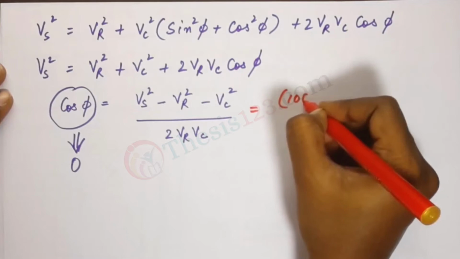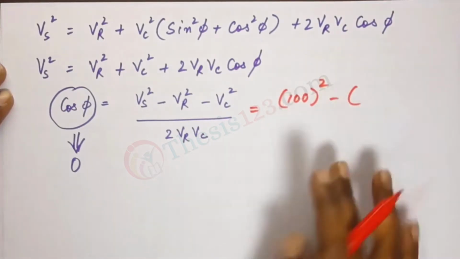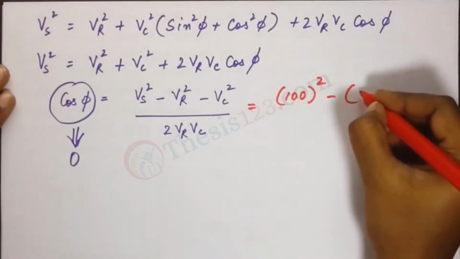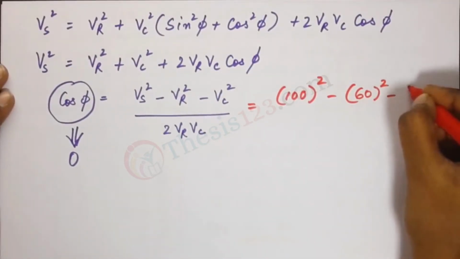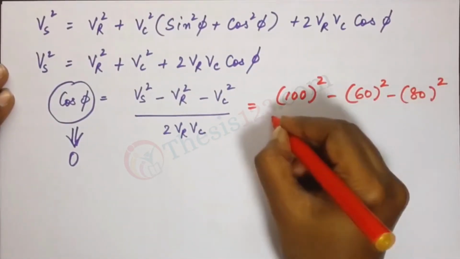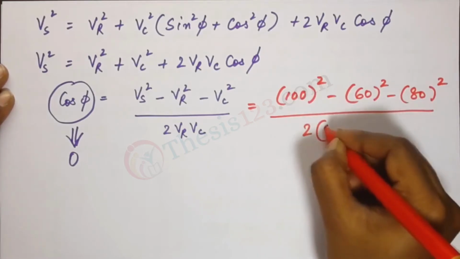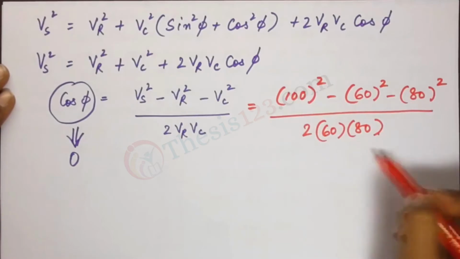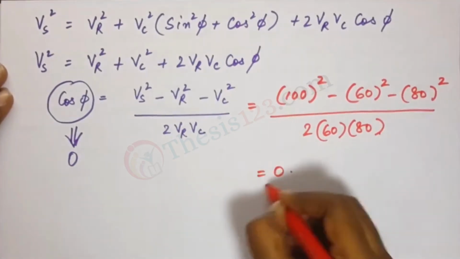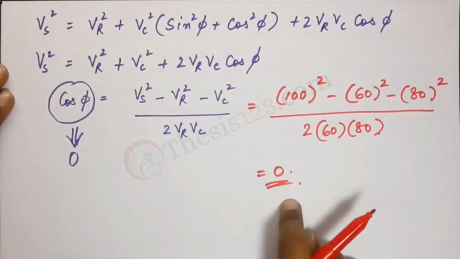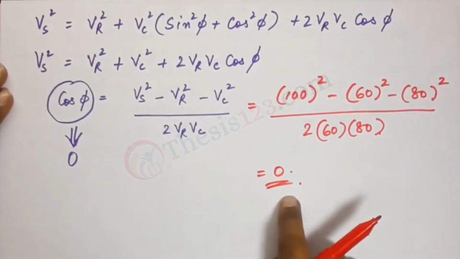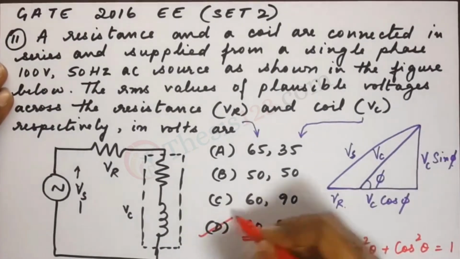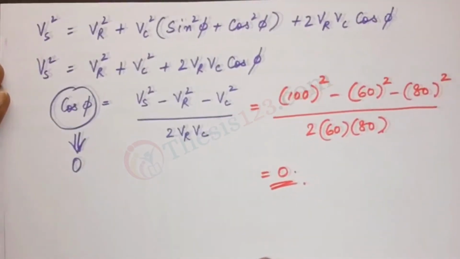That's 100 square minus VR, which is 60 square, minus 80 square, divided by 2 times 60 into 80. If you solve this, you will notice that this is 0. So for all values for which cos phi is 0, that is the right answer. So here D is the right answer.